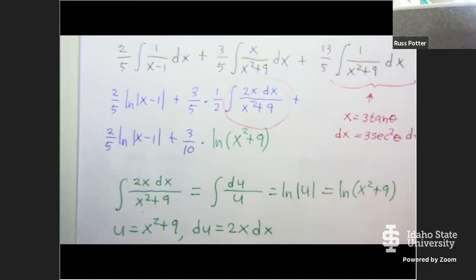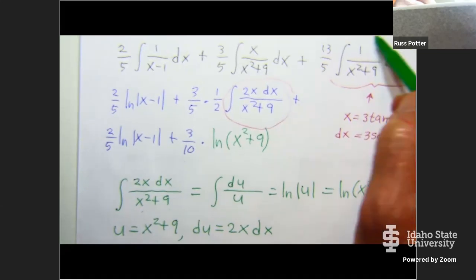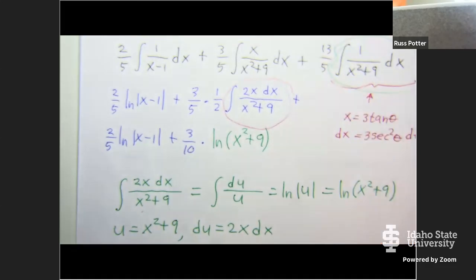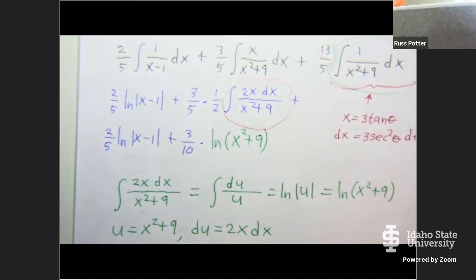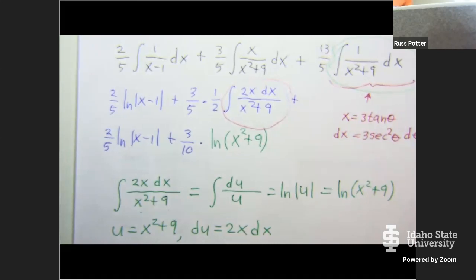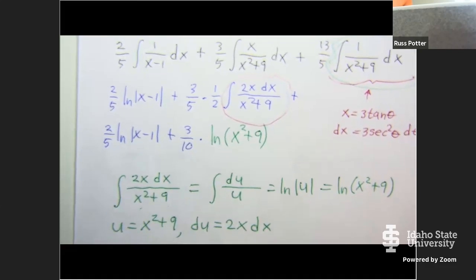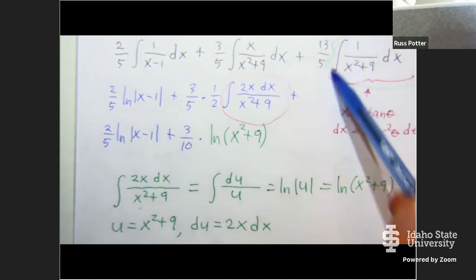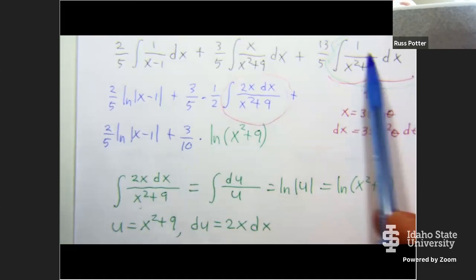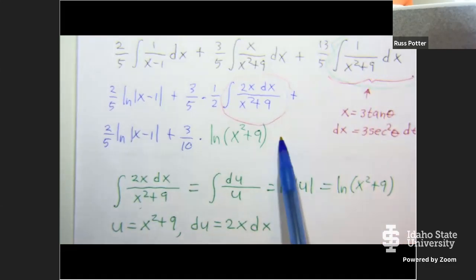Okay, now let's focus on this one, the indefinite integral of 1 over x squared plus 9 dx. We're going to use the trig substitution. So let's just do that separately down here. And then when we find that indefinite integral, we'll multiply it by 13/5 and include it in the answer.